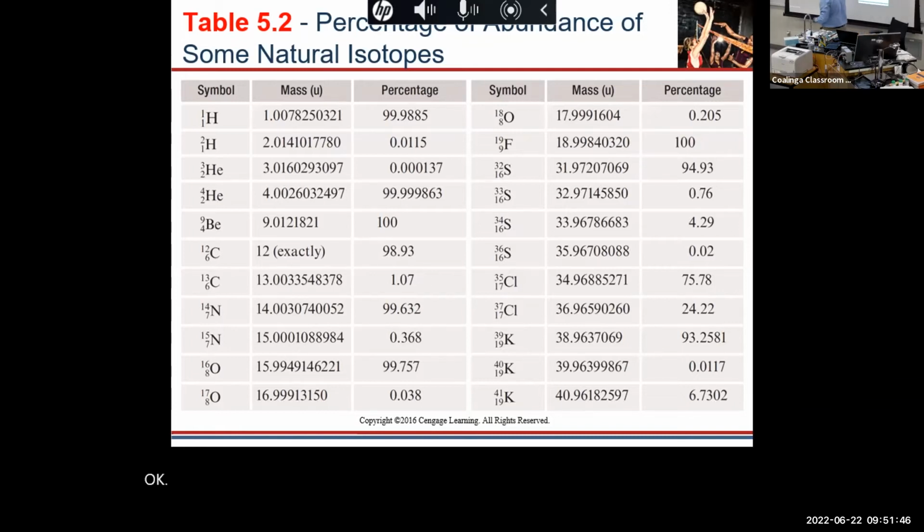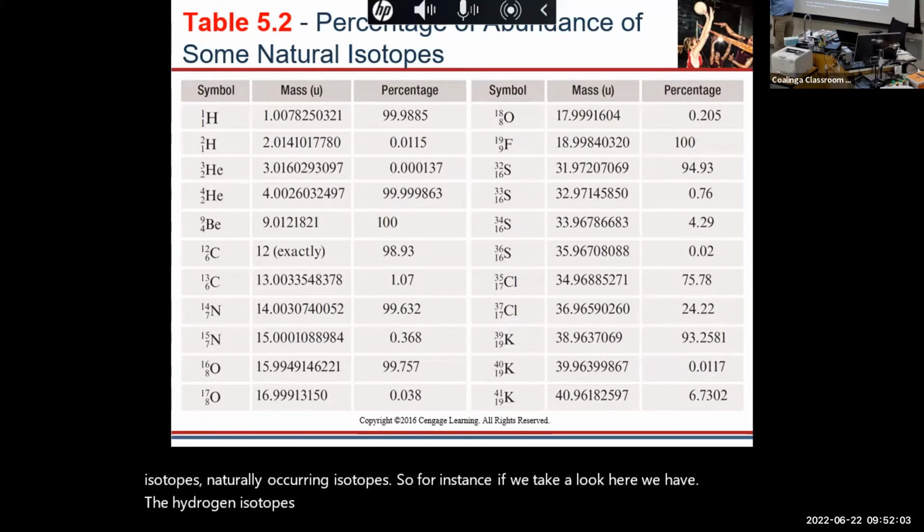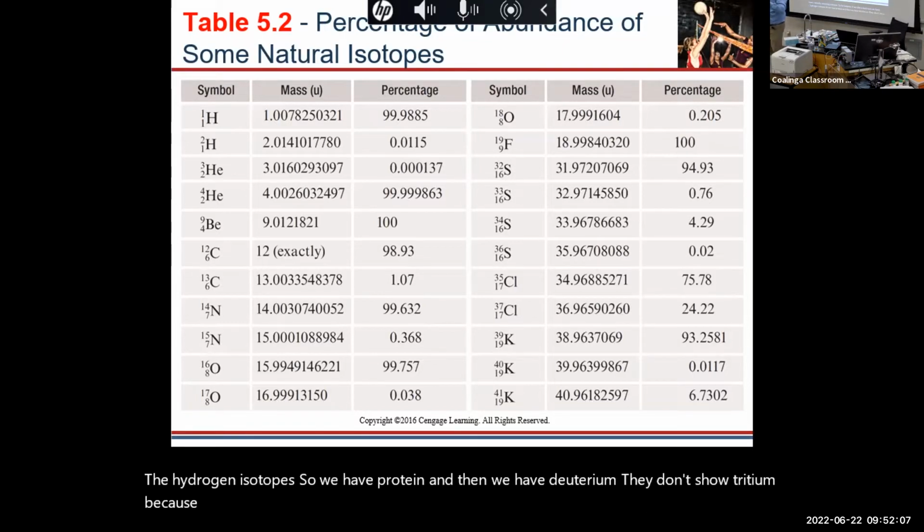So this is just showing you a table with different percentages of the abundance of different isotopes that actually occur in nature. So for instance, if we take a look here, we have the hydrogen isotopes. So we have protium and then we have deuterium. They don't show tritium because tritium is so small compared to deuterium and protium.